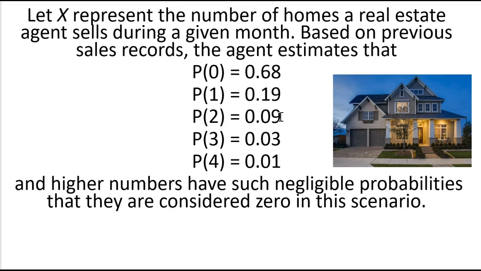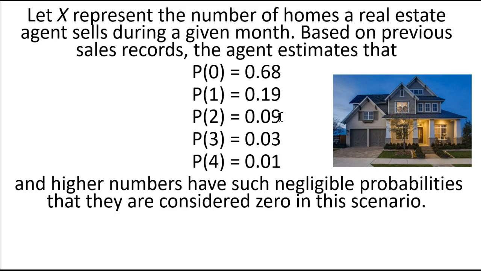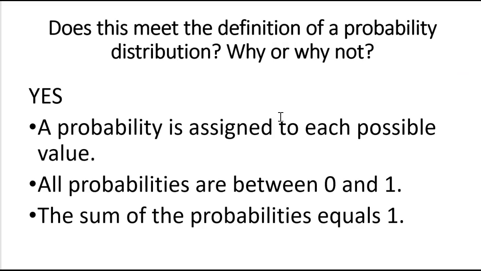So first, we're going to confirm that this meets the definition of a probability distribution and explain why. Notice we've satisfied the 3 criteria we need to have a probability distribution. First, a probability is assigned to each possible value. The possible values for the number of houses sold in a month are anywhere from 0 to 4, and each of those has a probability assigned to it.